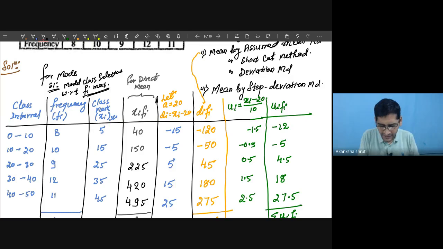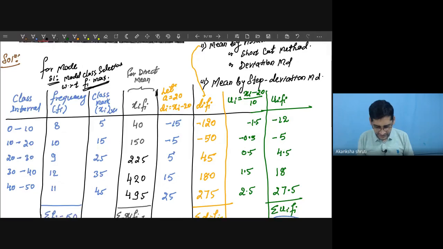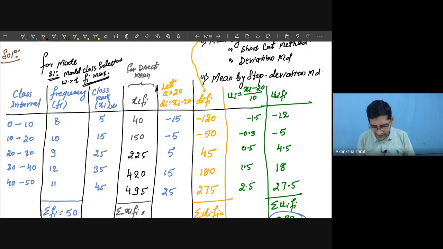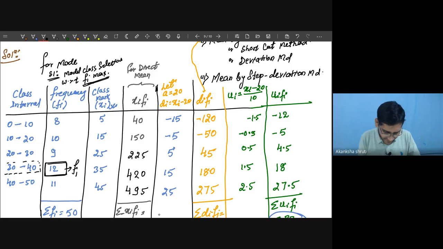So observe the Fi. What is the maximum Fi value? 8, 10, 9, 12, 13. What is the maximum one? It is the 12. So students, this 12 has to be marked as model class frequency F1, and the interval corresponding to this 12 is 30 to 40.